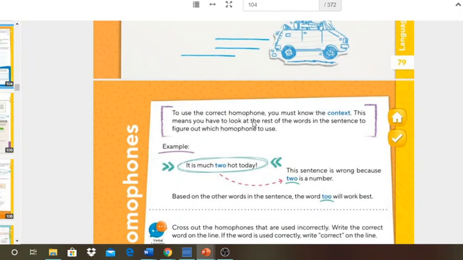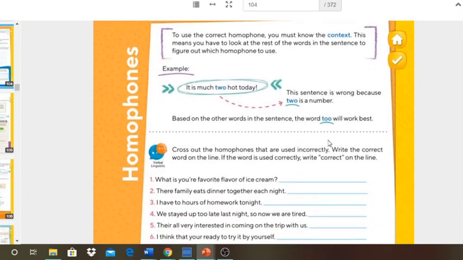This means you have to look at the rest of the words in the sentence to figure out which homophone to use. Pues aquí nos está dando un consejo muy importante. Para usar el homófono correcto, debes saber el contexto. Eso significa que tienes que revisar el resto de las palabras en la oración para descubrir qué homófono usar.